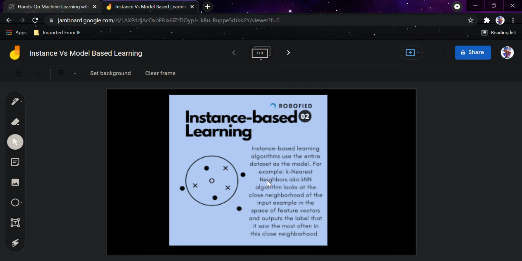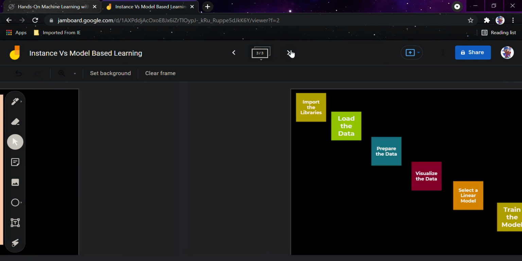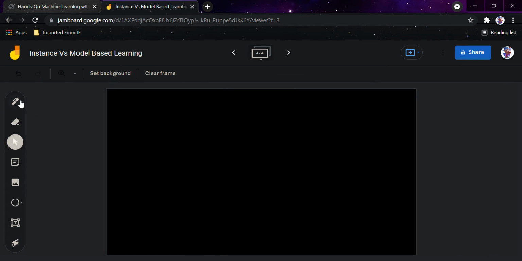Suppose I give you an example of spam emails. We have already talked about spam emails, hence I would be using that example only. Now instead of just flagging emails that are identical to known spam emails, the spam filter could be programmed to also flag emails that are very similar to known spam emails.